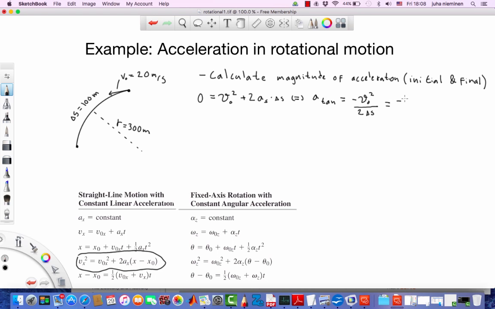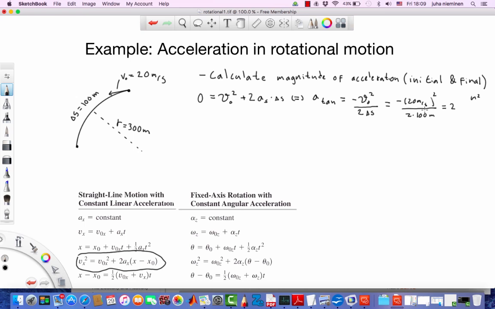And v initial was 20 meters per second squared divided by 2 times 100 meters. So that's 400 divided by 200. So that's 2, and units are meters squared per second squared divided by meter. Oh, there's a mistake, so that's not going to be second power.